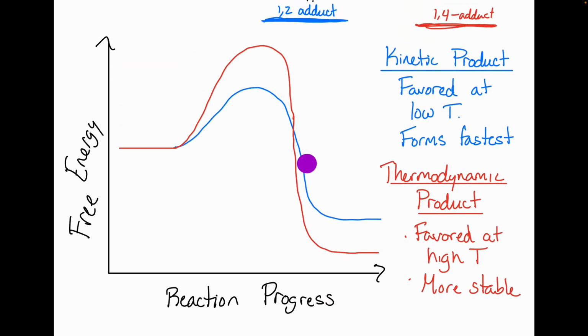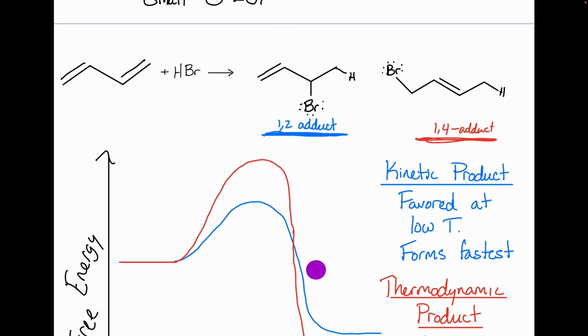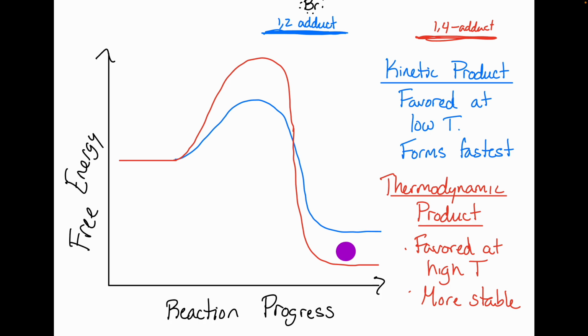And basically, it gets to sample all the different possibilities, and it will always choose that lowest energy possibility, right? So because it gets to reach equilibrium, go back and forth, it gets to choose whichever one is going to be the lowest energy. So at high temperatures, where we have plenty of energy to jump over that taller activation energy, our little marble is always going to land at whichever is the lowest energy product, okay?